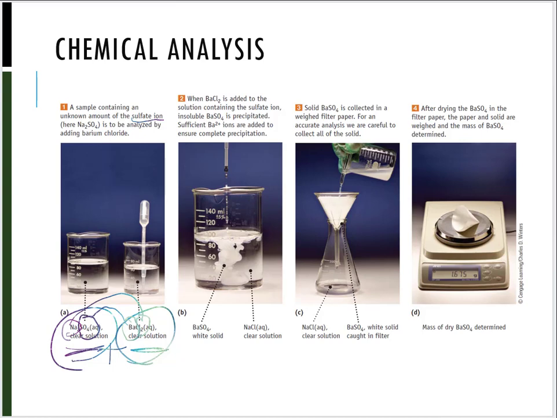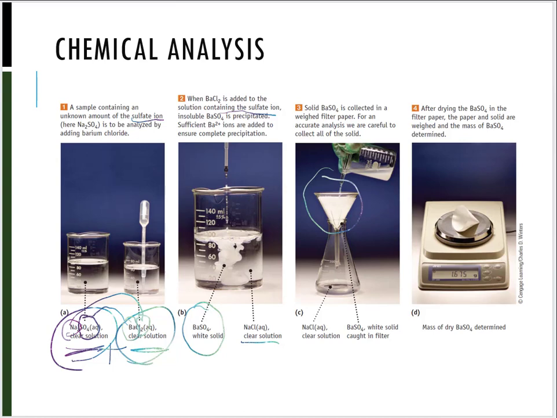So, and notice here it says when the barium chloride is added to the solution containing the sulfate ion, insoluble barium sulfate is precipitated. And we could find that out just by looking at our solubility rules, that barium sulfate is insoluble. And then our clear solution here is the sodium chloride. So how do we measure that? Well, if we have this precipitate that's insoluble, we can collect it in filter paper.